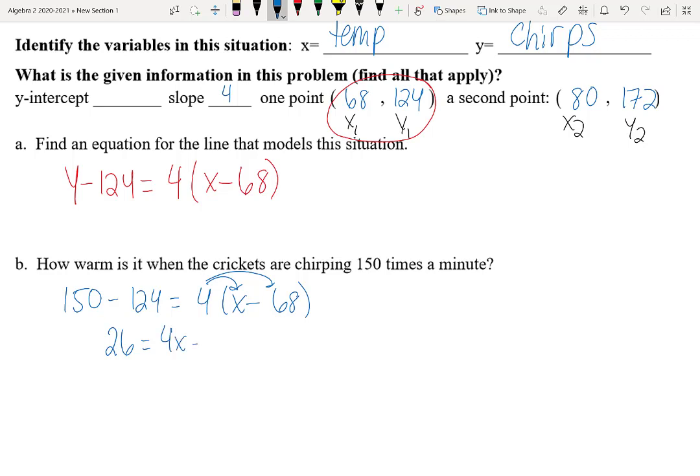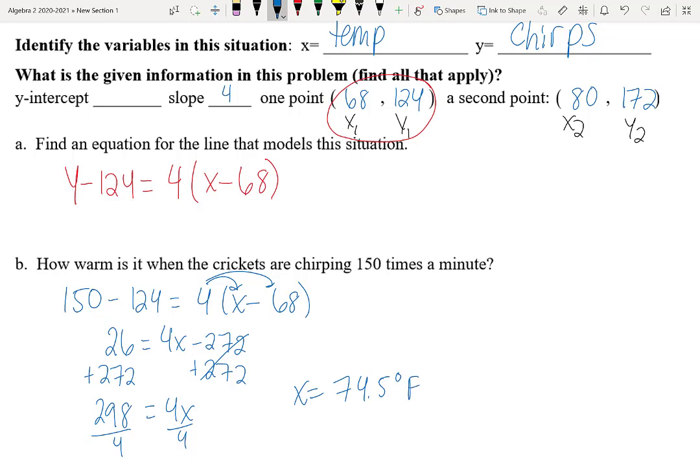So that's 4x minus 272. Now I'll go ahead and add 272 on both sides. 4x equals 298. And when we divide by 4 on both sides, we get x is 74.5 degrees Fahrenheit.